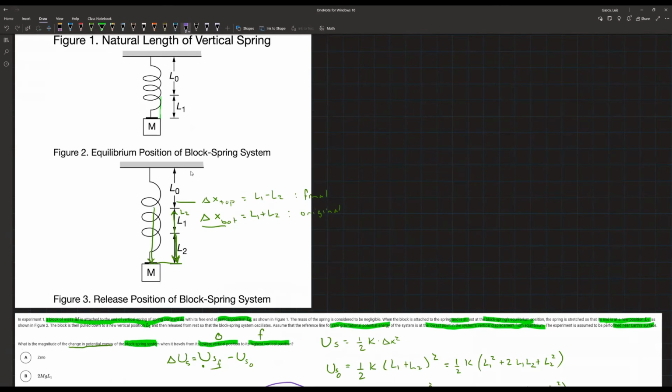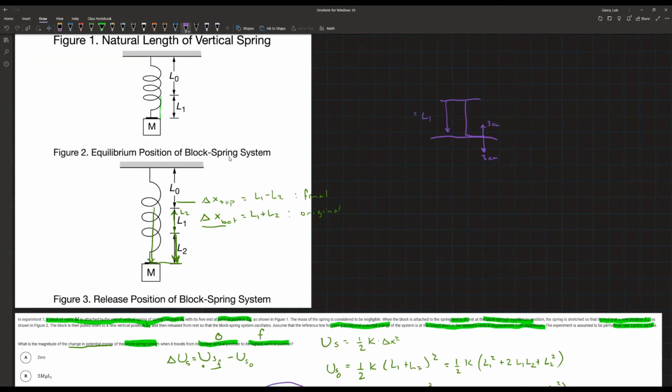So, if we had done experiments in labs, what we would have found out is that, let's say I happen to have something at my equilibrium position, which is a distance L1 from the unstretched length. If I pulled this guy down 3 centimeters, it's going to oscillate downward 3 centimeters, and it's going to go up 3 centimeters.